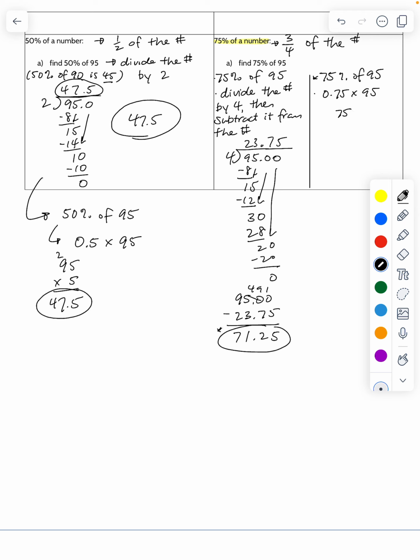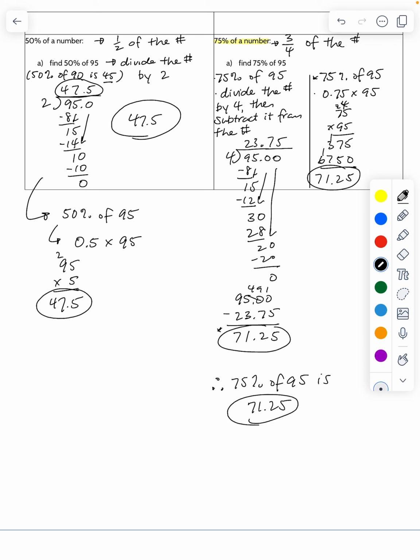So you can go 75 times 95: 5 times 5 is 25 and 2, 7 times 5 is 35 plus 2 is 37, 0, 5 times 9 is 45, 4, 7 times 9 is 63, plus 4 is 67, 5, 2, 1 plus 3 is 4, plus 7 is 11, and I know that that's my answer. Therefore, 75% of 95 is 71 and 25 hundredths.